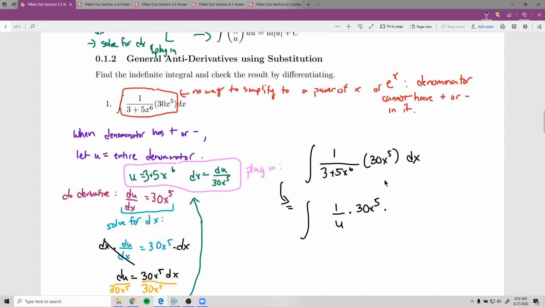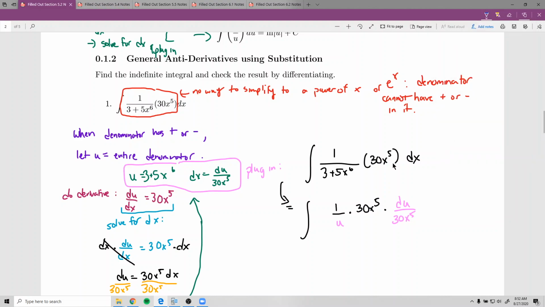I'll show you what happens. The reason we solve for dx is now we can plug in what dx is. dx is du over 30x to the 5th. Let me put this u in pink so you can see what we did. Where I saw the 3 plus 5x to the 6th is where I put u, because that's what we chose. And for the dx, the formula that we got, that's where I plugged it in.